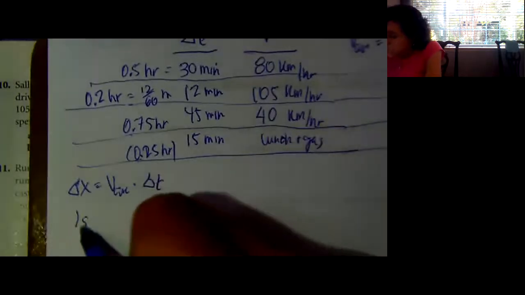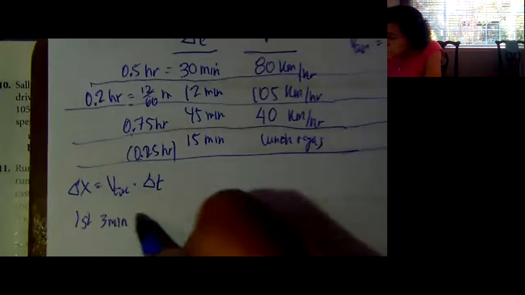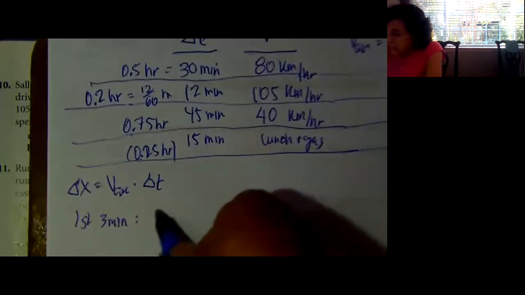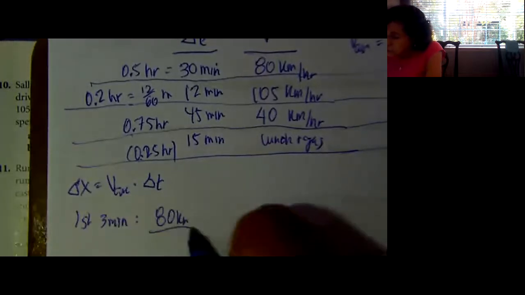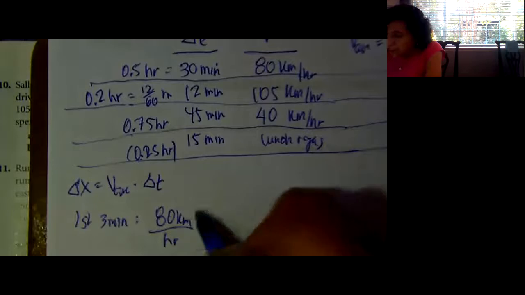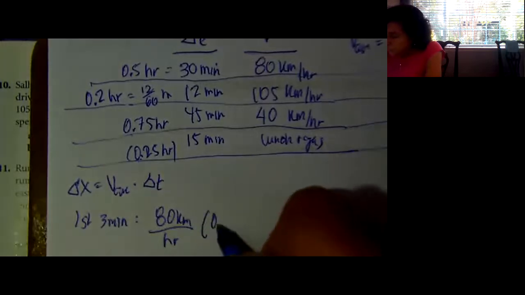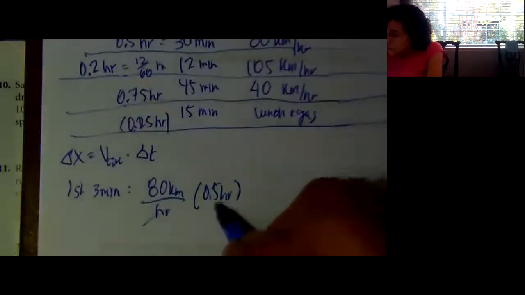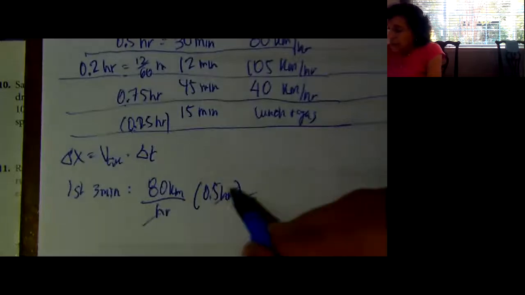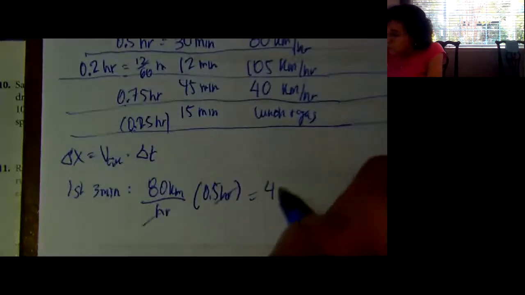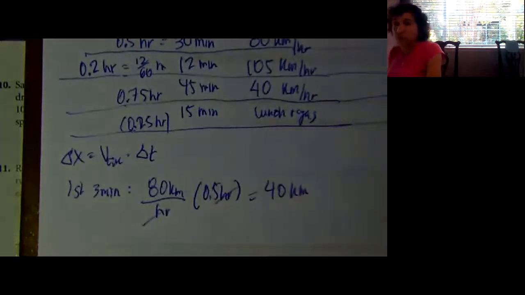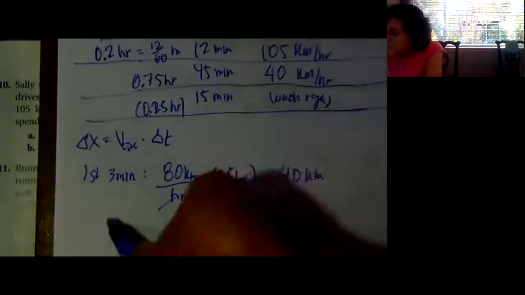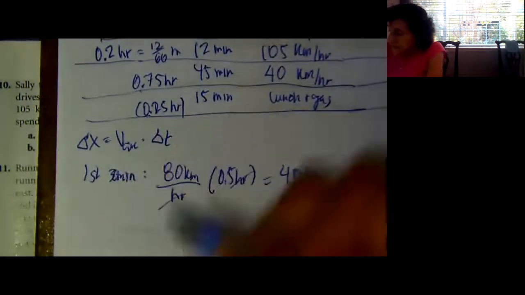Okay, so for the first 30 minutes, what is it? Let's see, 80 kilometers per hour times 0.5 hours. Now, how nice, my hours cancel out, and I get 80 times 0.5, so I know that she went 40 kilometers in that first stretch. Okay, then the next, so that was the first 30 minutes.